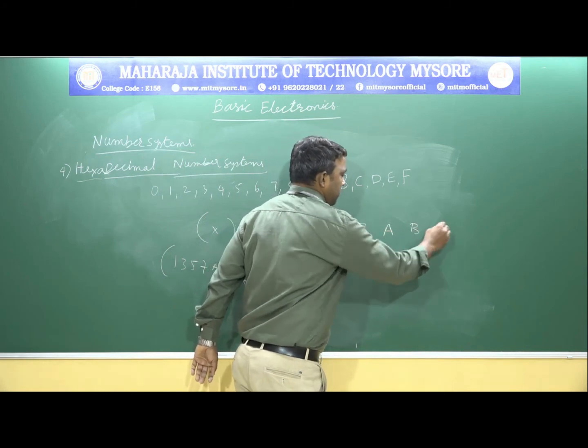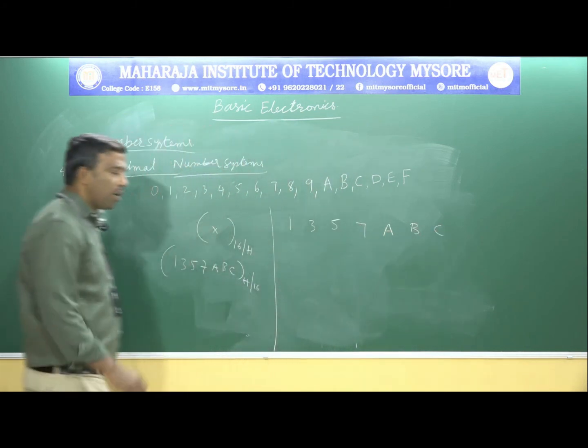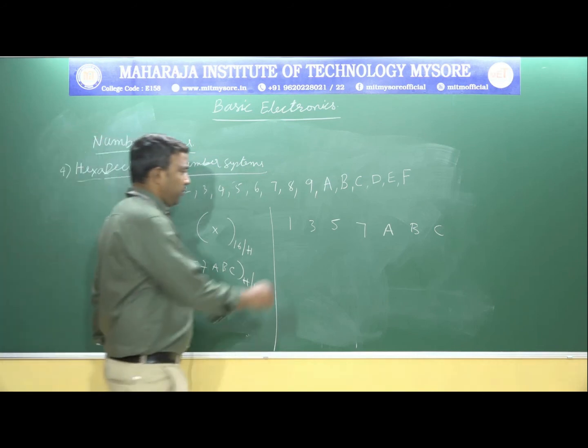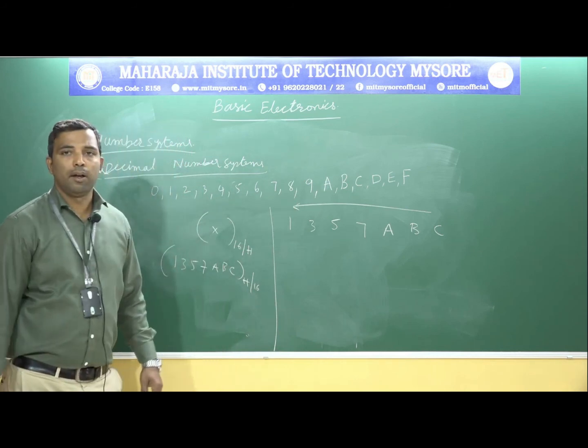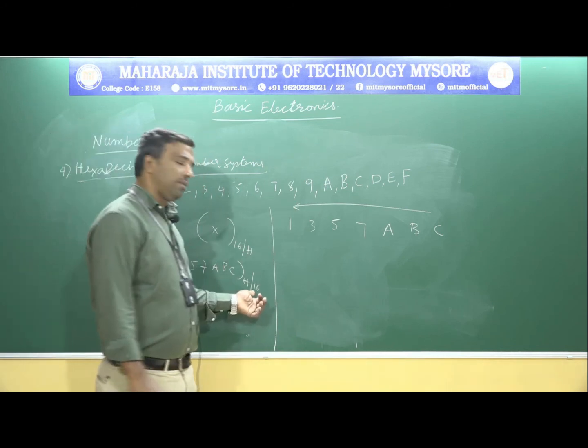For the positional values of 1357ABC, in a whole number we go from right to left. The base is 16.